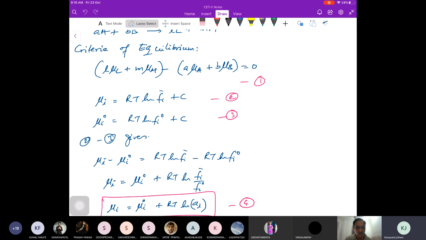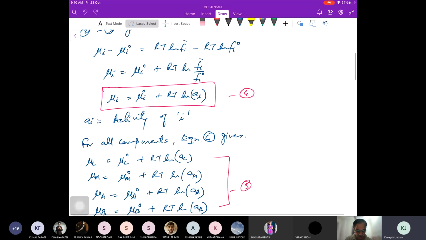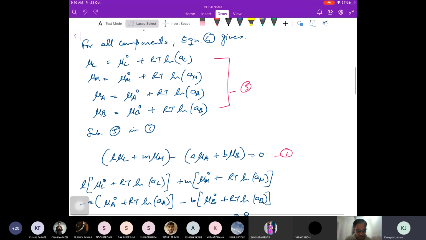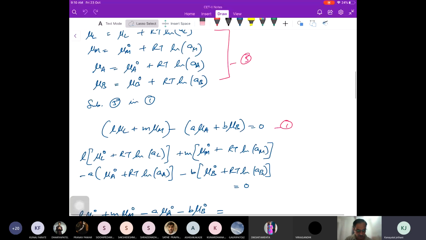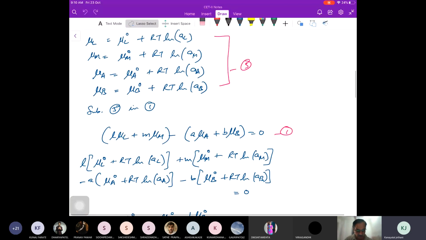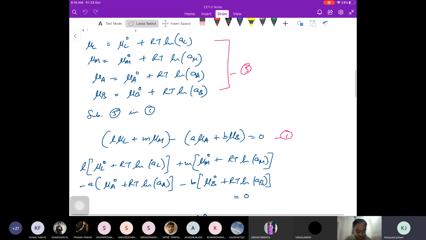And what we will get is equation 1: l into mu L plus m into mu M minus a into mu A minus b into mu B equal to 0. Can you see this? Equation 5.